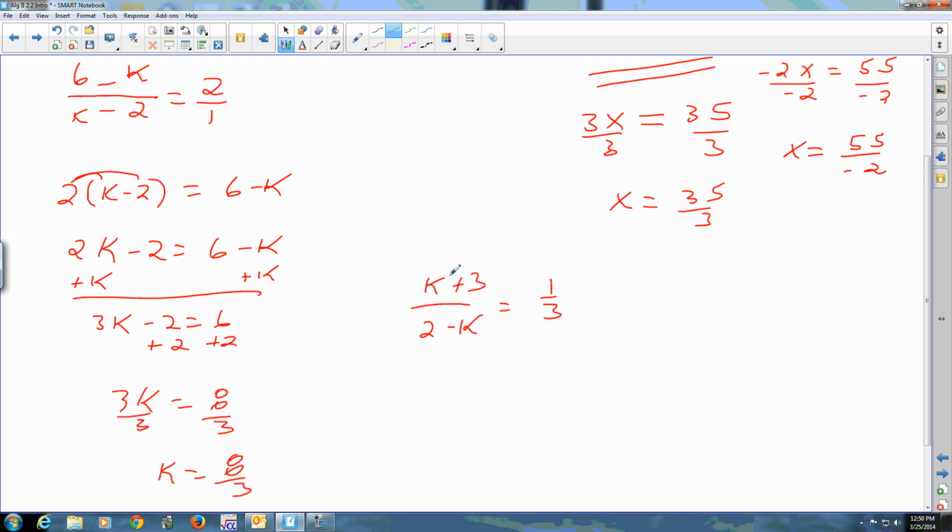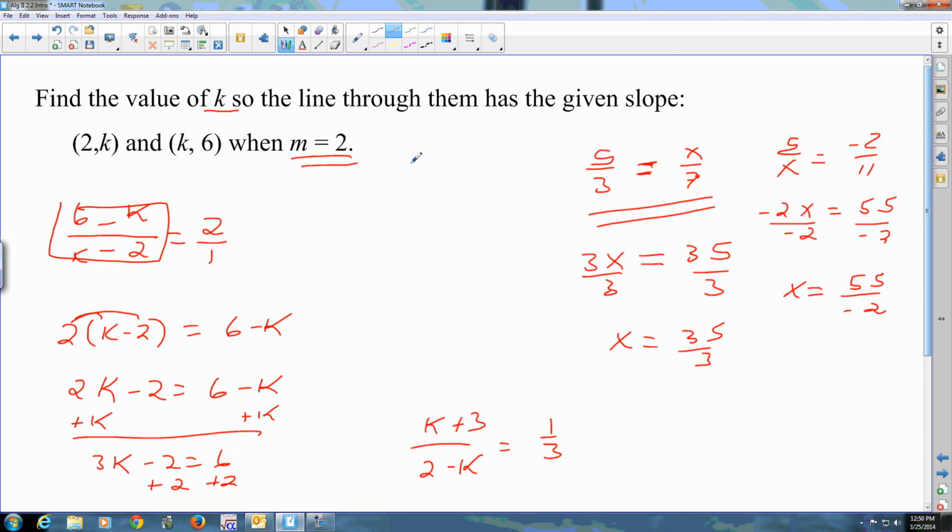Cross multiply. 3 times everything upstairs. 3k plus 9 is equal to 1 times all that, which is 2 minus k. And then solve it just like I did here. But you set it up as if you're finding the slope, even though it has a variable in it, and then set it equal to the slope that they tell you that it's worth.